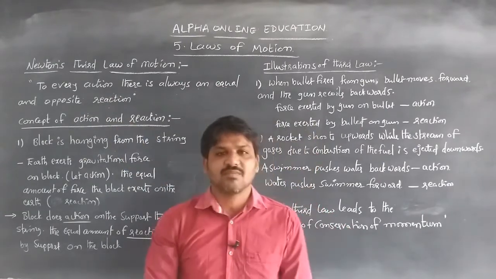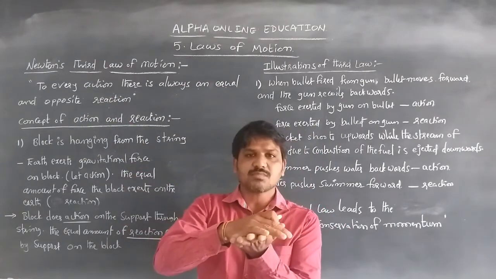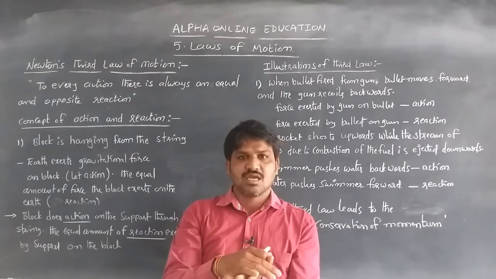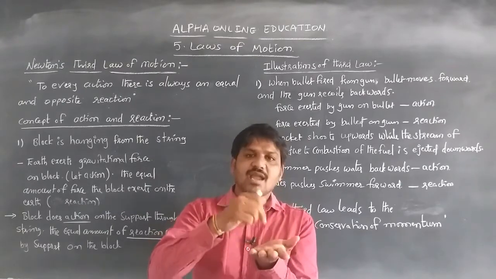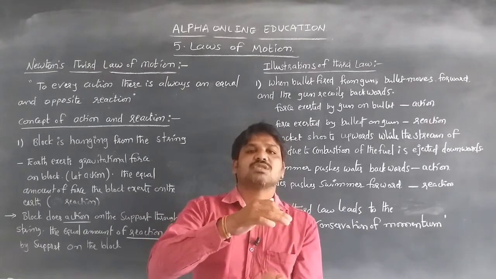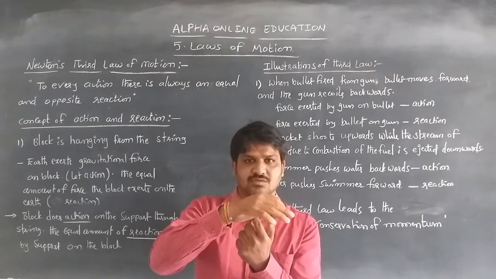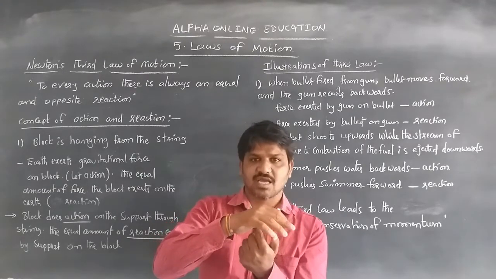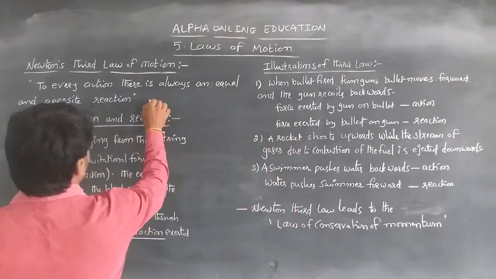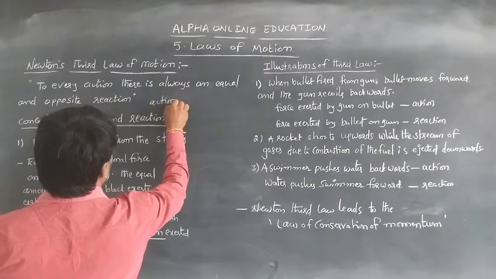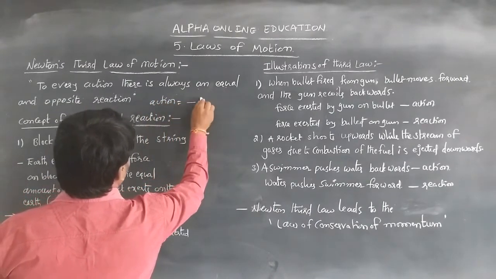Whenever some force is applied on a body, that is considered the action, and whenever that body reacts opposite to the action, we can write that action is equal to minus reaction.